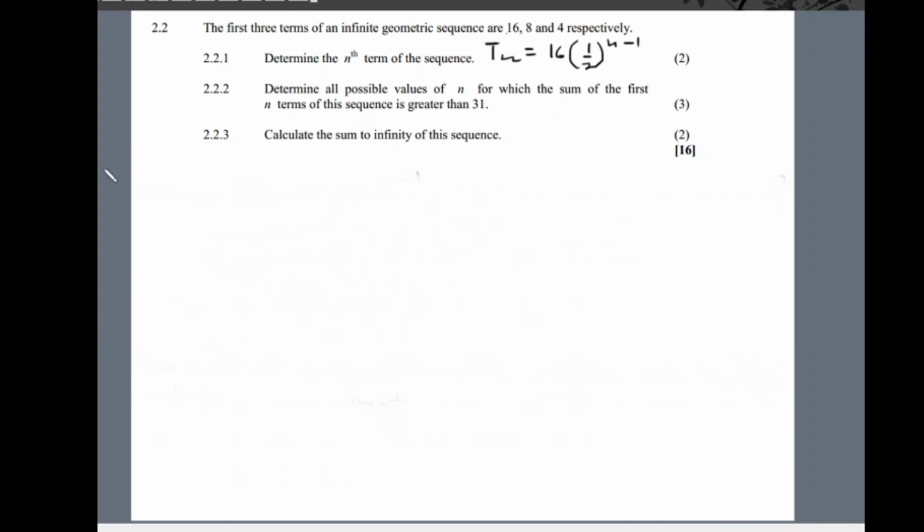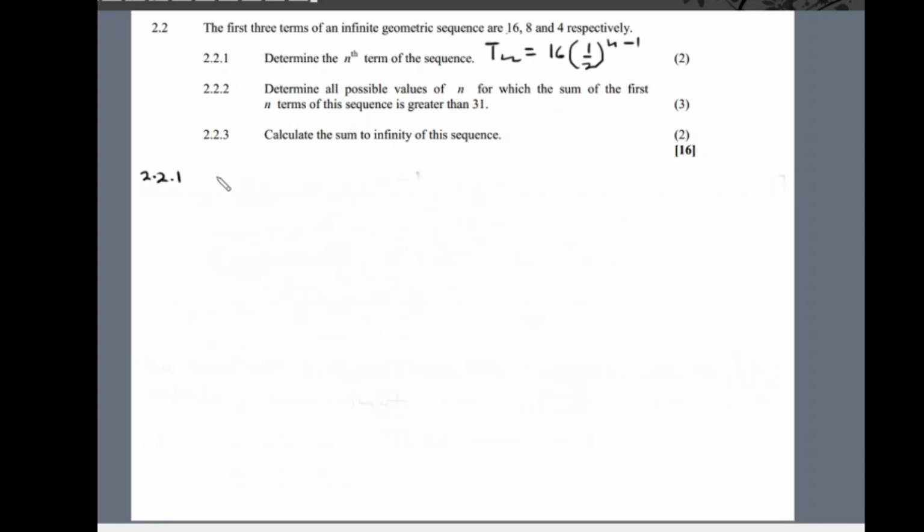And then 2.2.2: determine all the possible values of n for which the sum of the first n terms of the sequence is greater than 31.